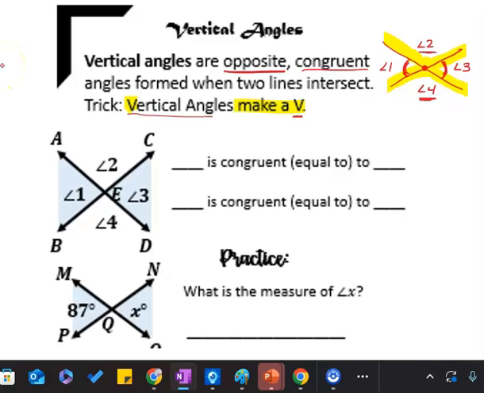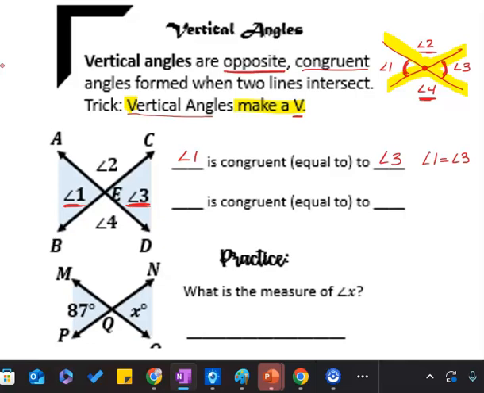All right, let's talk about how we can name these angles and what's congruent to what. When we look at our first figure, we say that angle 1 and angle 3 are opposite each other. So we know that angle 1, and we just write that with that little angle figure, is congruent or equal to angle 3. I could say angle 1 equals angle 3.